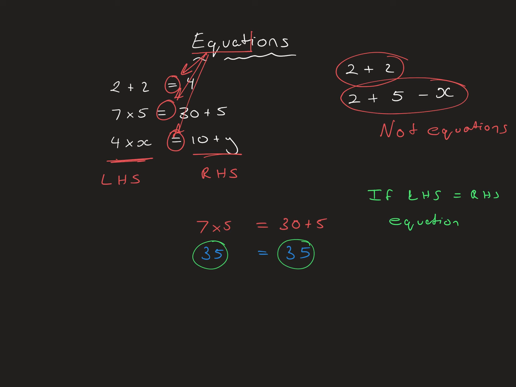This equation is true. If the left-hand side equals the right-hand side, the equation is true. Okay, so sometimes we will come across equations that have letters in them. All right, now these letters we call special words. We call them pronumerals or variables. Okay, so a pronumeral could be an X or a Y. And it's called a pronumeral because normally the equations have numbers in them, but this time they've got a letter in them.